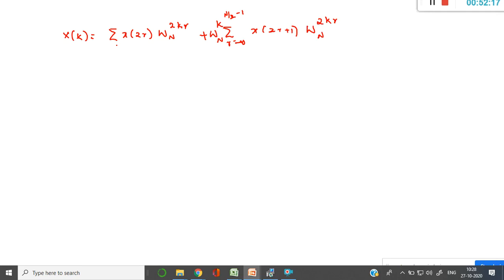Now observe carefully, again, is it not the definition of your DFT? So it is 0 to n by 2 minus 1. Is it not the definition of the DFT itself? Yes, obviously.